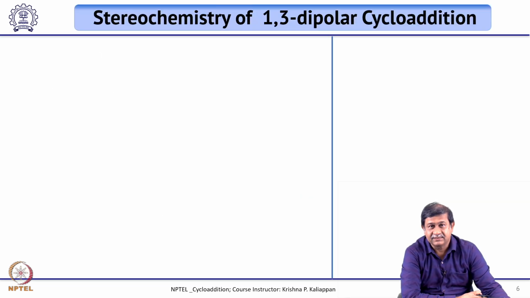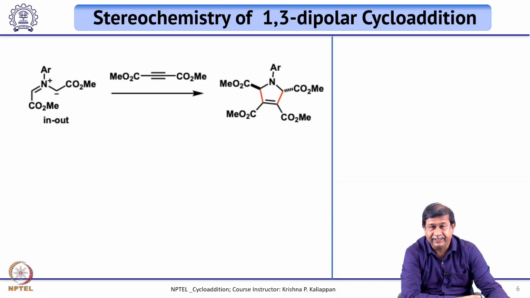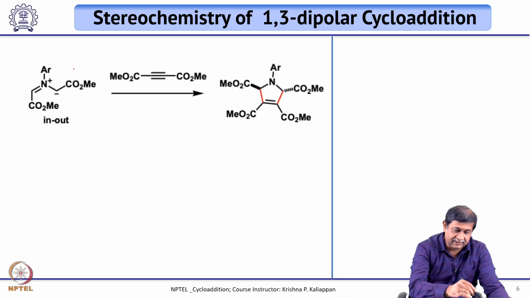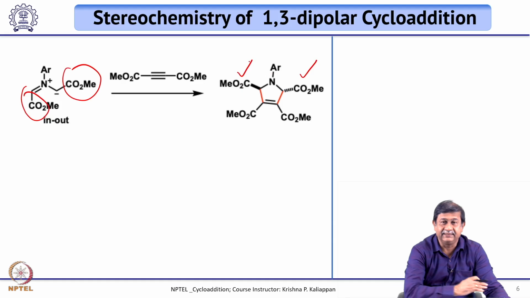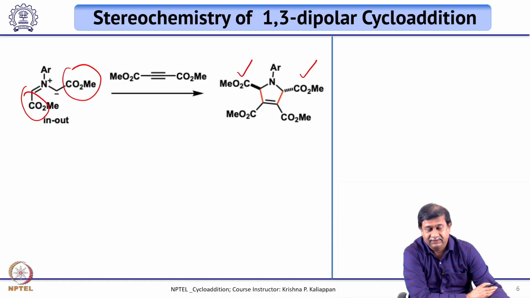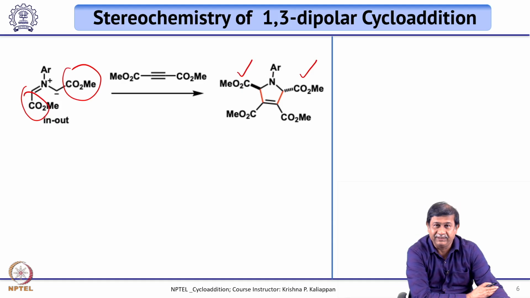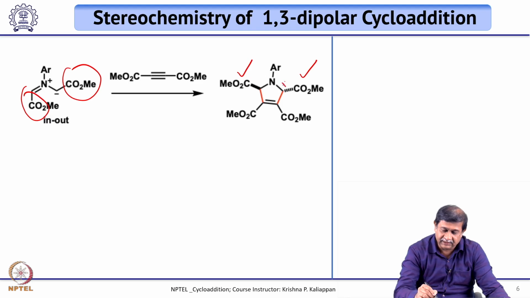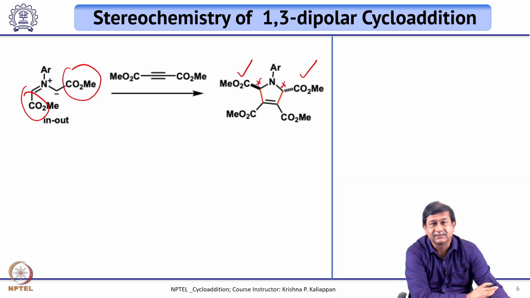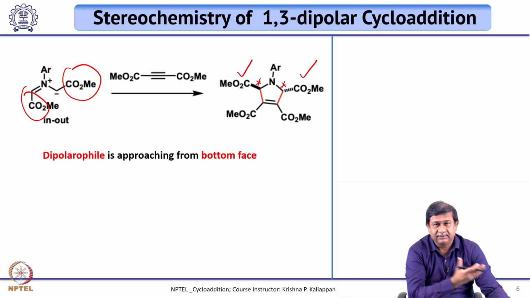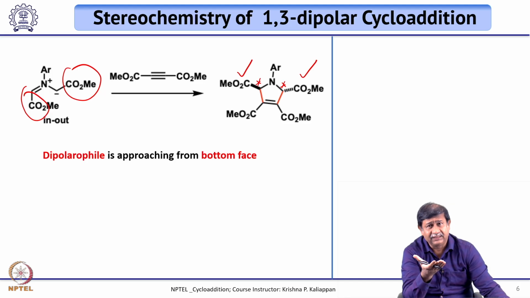So once you have this, then you can do the dipolar cycloaddition reaction. For example, if you take dimethyl acetylene dicarboxylate, you can see here this is trans, so that trans is retained in the product. In this dihydropyrrole derivative, you will see that these two new stereocenters are trans to each other. This can be easily visualized by the dipolarophile approaching the dipole from the bottom face.